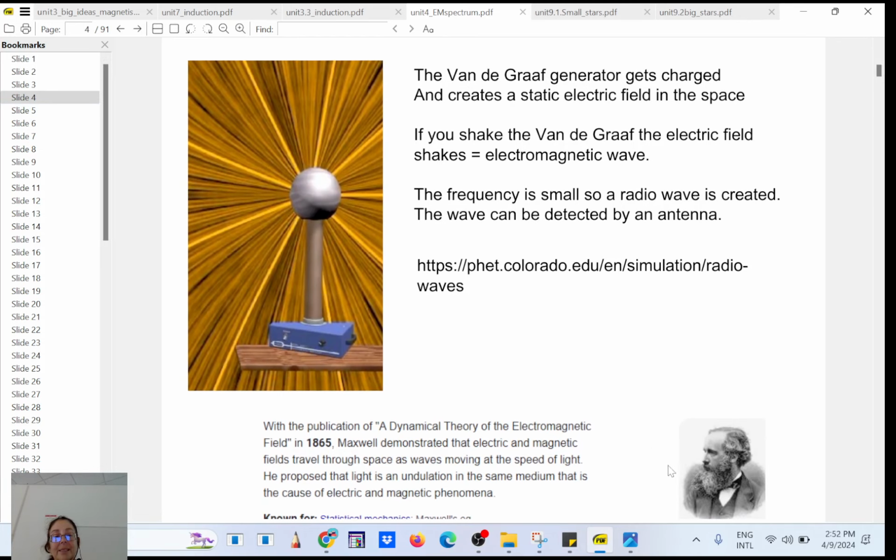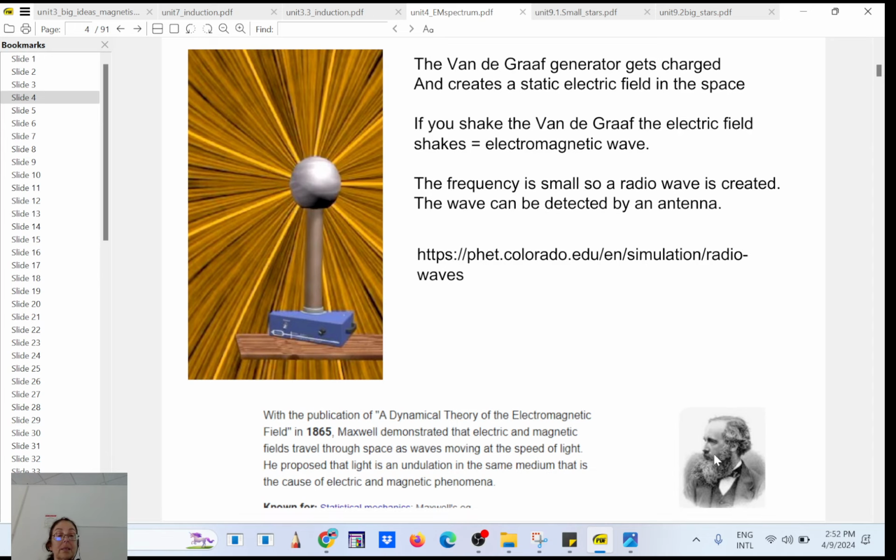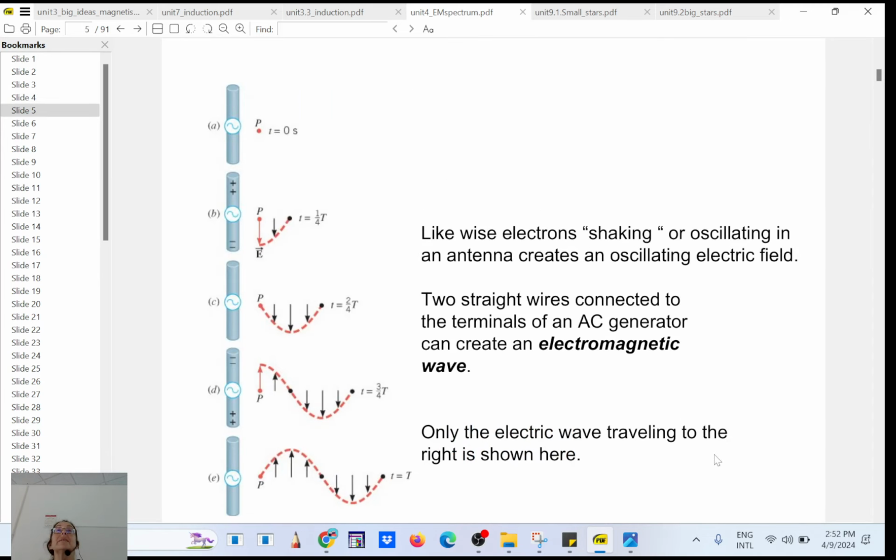So in 1865, you have Clerk Maxwell, that predicted the speed of light and how this electric field and magnetic field will behave. So here you have an antenna, okay? It's made of 2 wires, and you have some AC here, okay? So maybe it's going to produce AC at a given frequency.